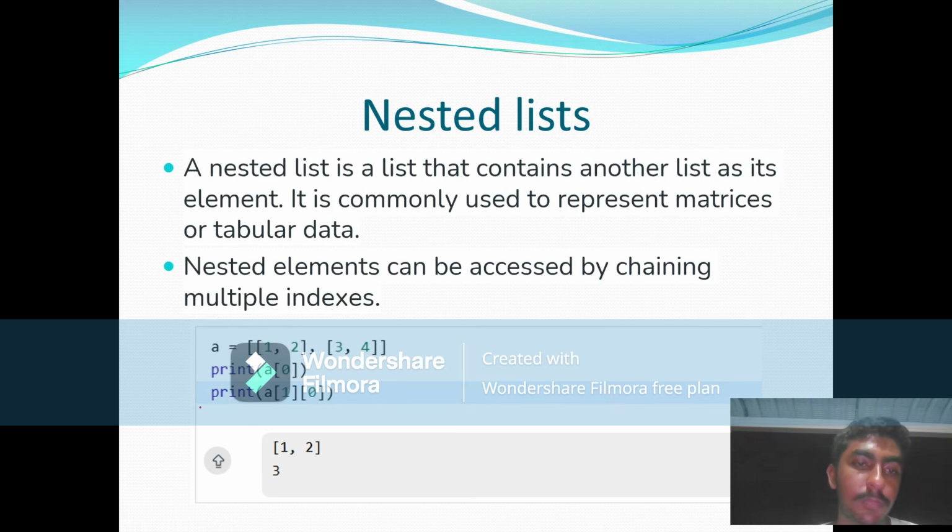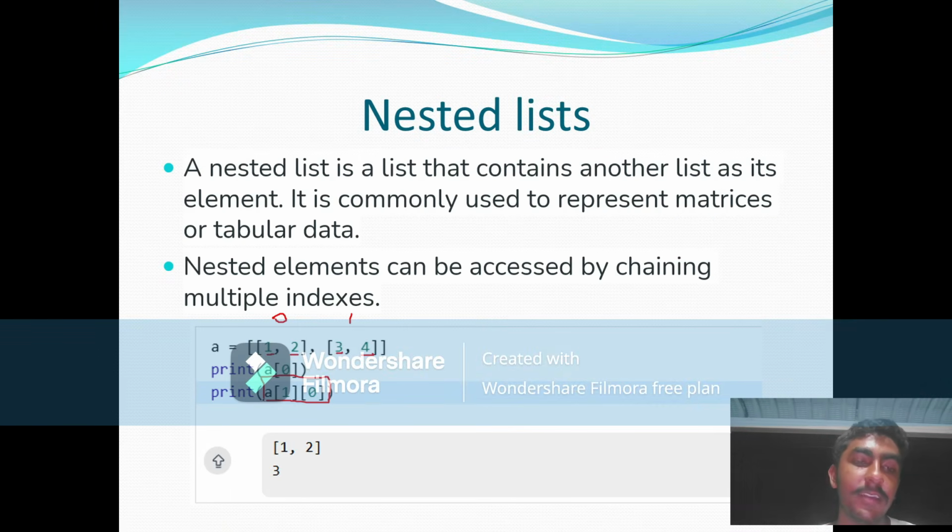So this is 0 and this is 1. Within that, this is 0 and this is 1. And for the first index, the 3 is 0 and 4 is 1.